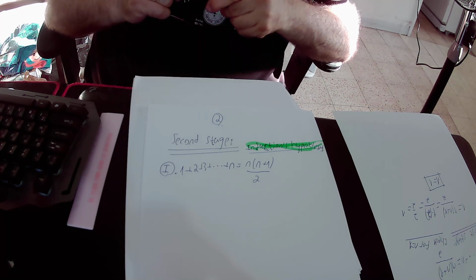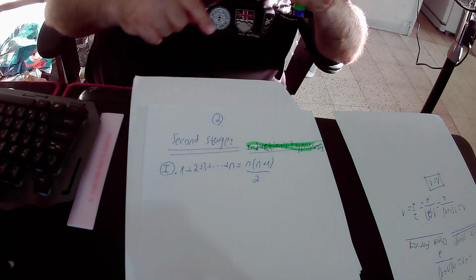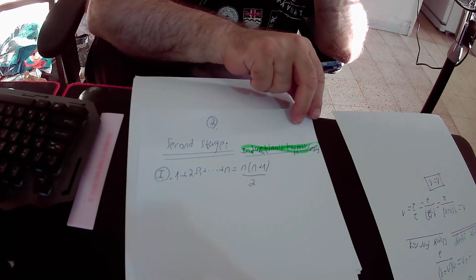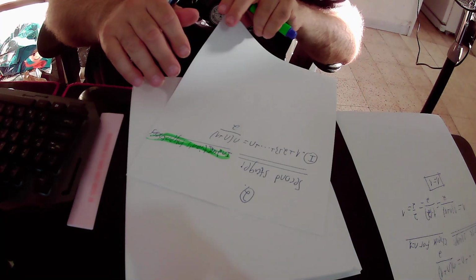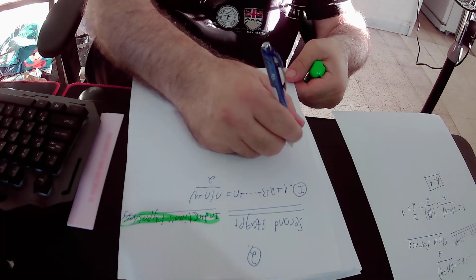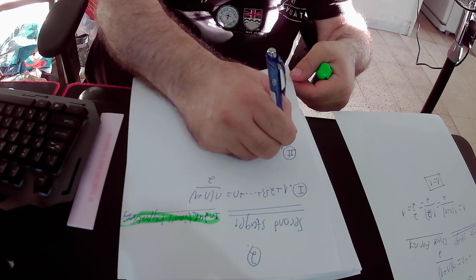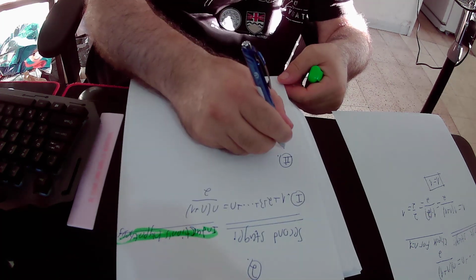Okay, so that is the induction's hypothesis, and when we rely on this assumption that this equation is true, we will prove that the expression for n plus 1 is also true. So we will create now the expression for n plus 1.